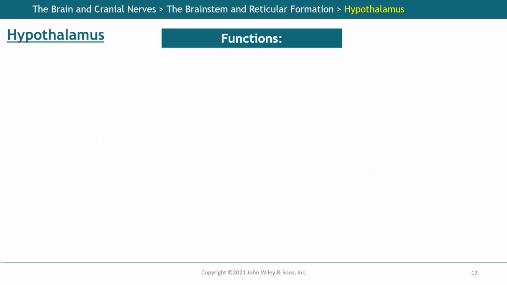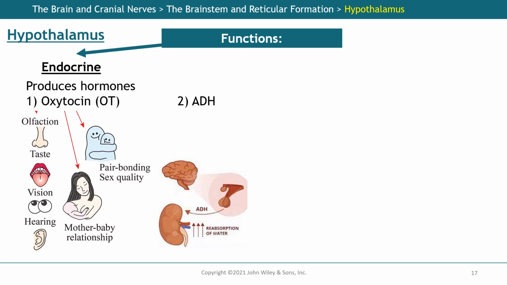So functions. We already talked that homeostasis was very important, but of course there are more functions. Some of them are endocrine functions, so the production of hormones. The hypothalamus is involved in the production of many hormones. Ones that are very important are oxytocin and ADH. Oxytocin, for example, is related to when a mom has a baby.